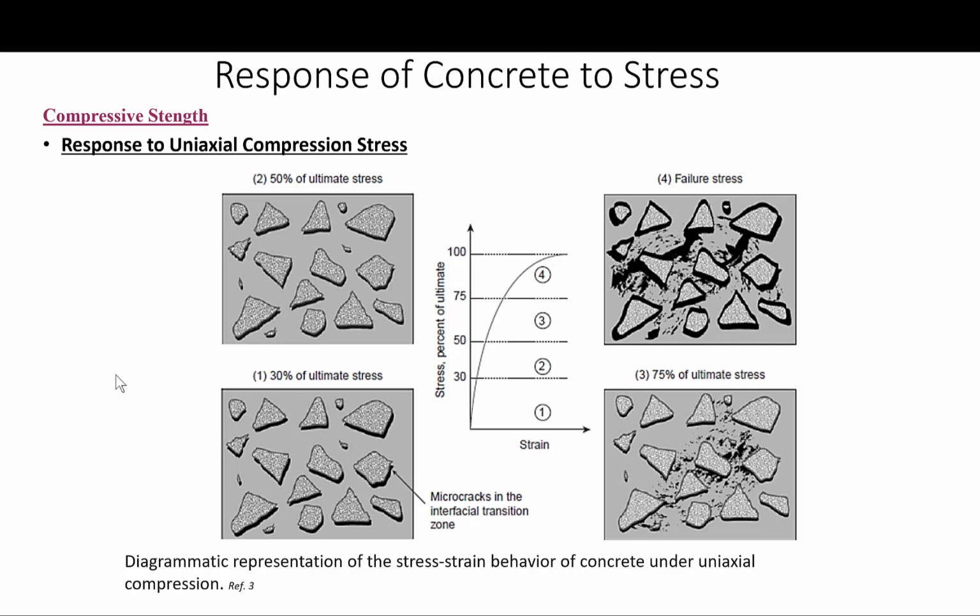So even before the application of an external load, microcracks already exist in the interfacial transition zone between the matrix, mortar, and the coarse aggregate. The number and width of these cracks in a concrete specimen depend, among other factors, as I just mentioned, on bleeding characteristics and the curing history of the concrete.